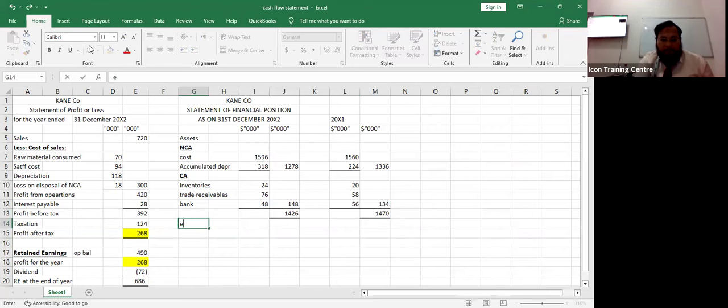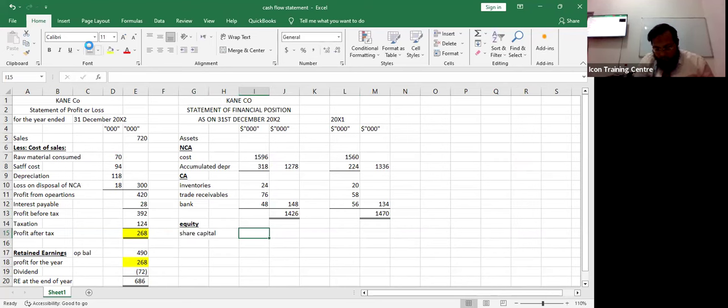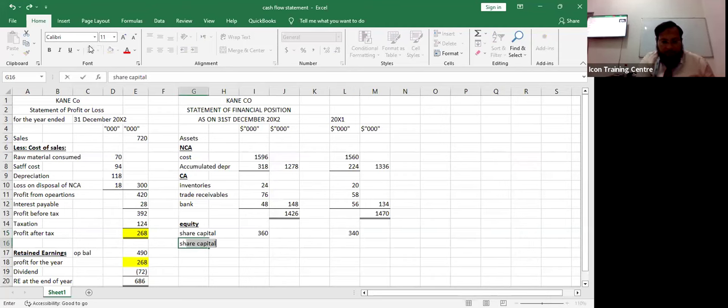Then we have equity. Share capital: 360. What was before? 340. Then we have share premium: 36, then 24.